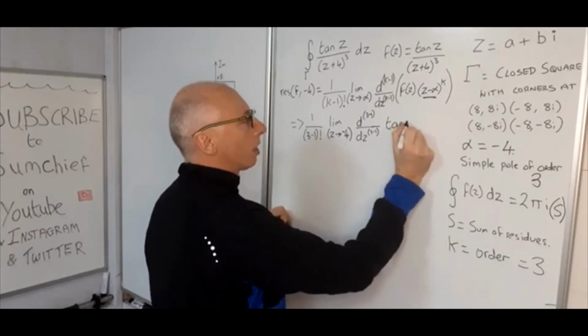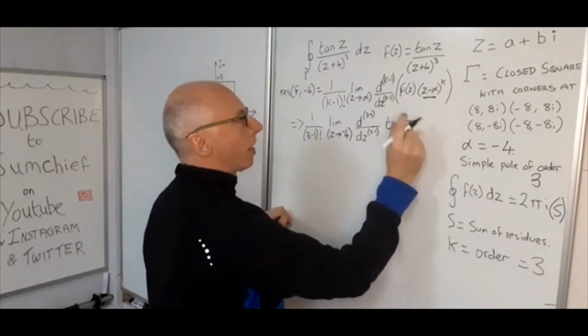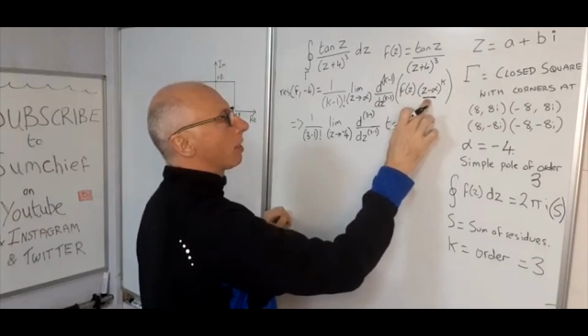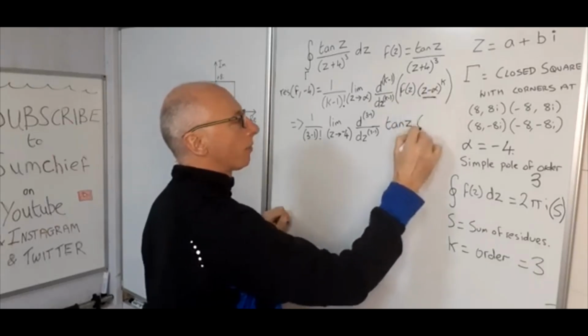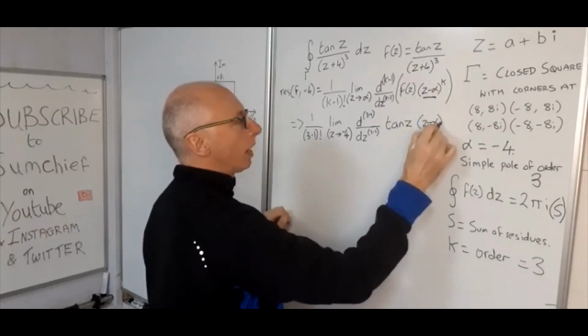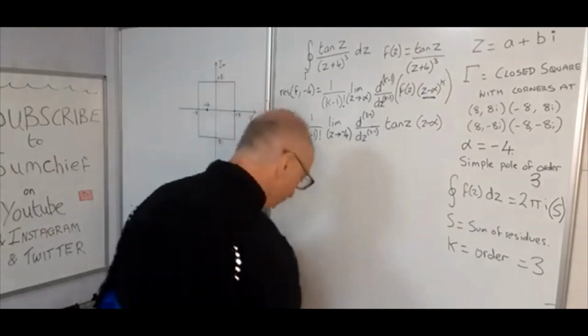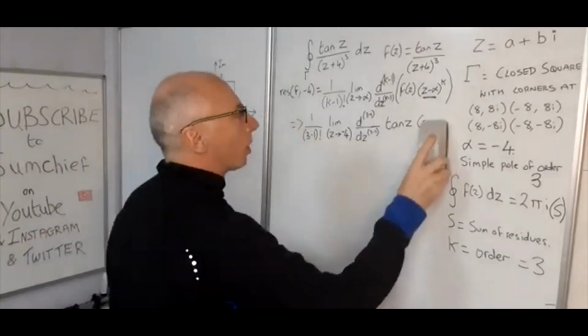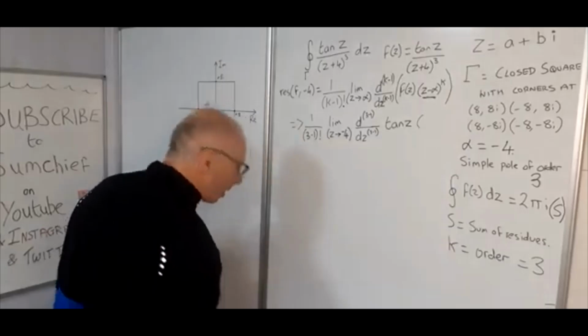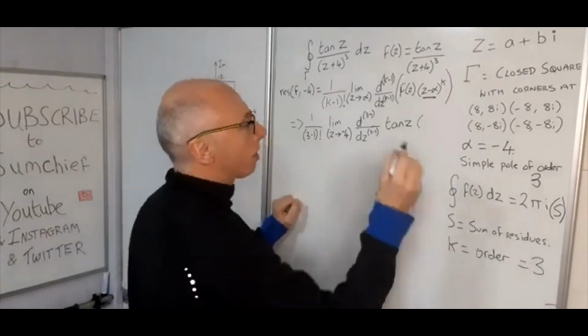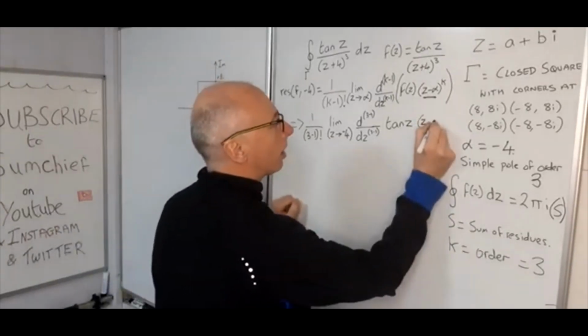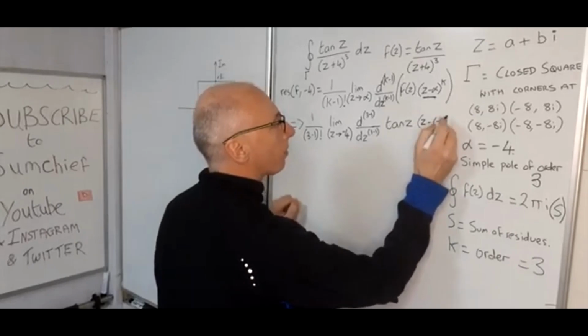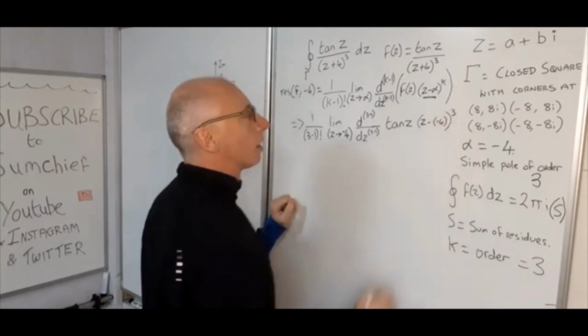So tangent of z, and then we multiply this by z minus alpha to the k. So basically this is the bit we're going to be eliminating. So yeah, I said I was going to plug in the values of all these anyway. So z minus, and then -4 to the 3.